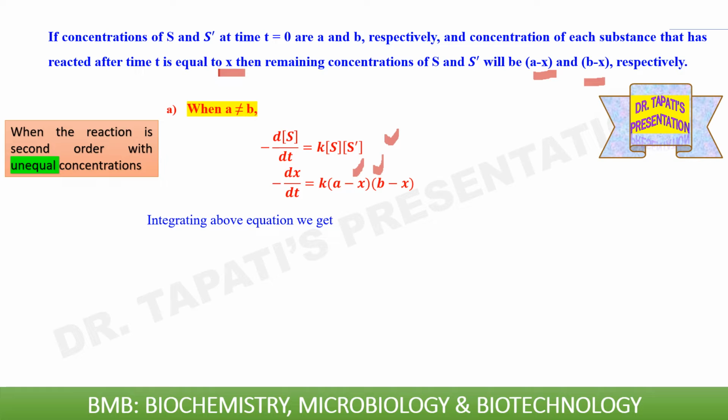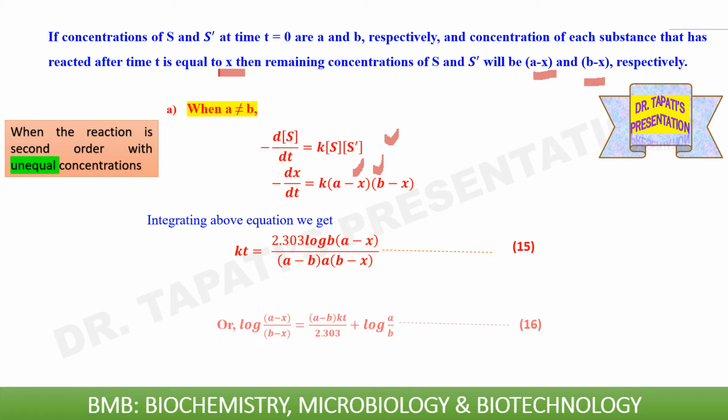Now, if you integrate the above equation, you will get kt equal to 2.303 log b into A minus x divided by A minus b, A into B minus x.